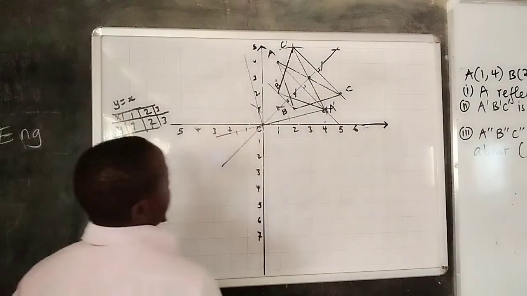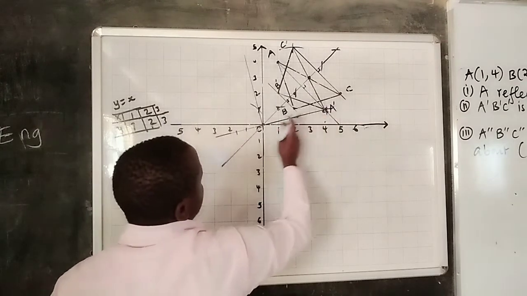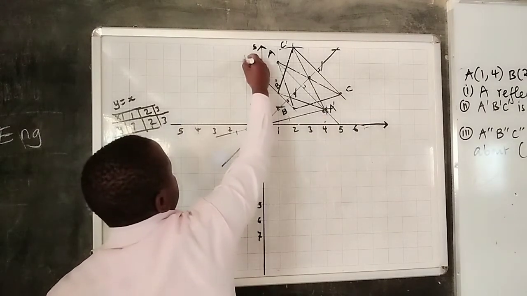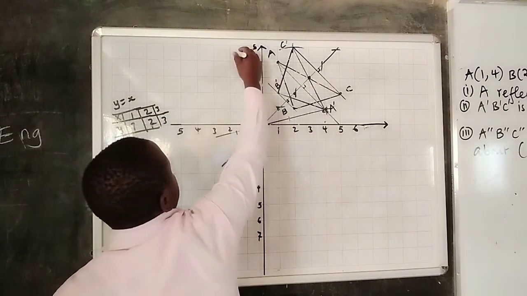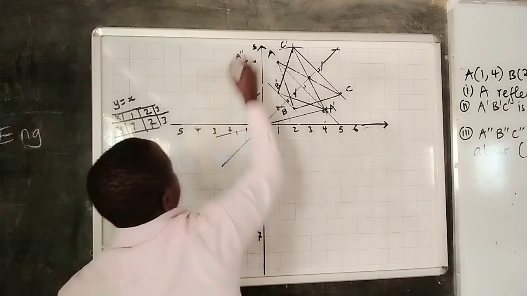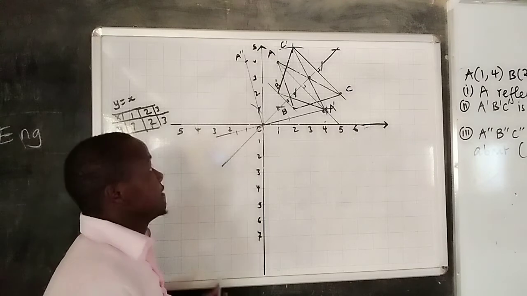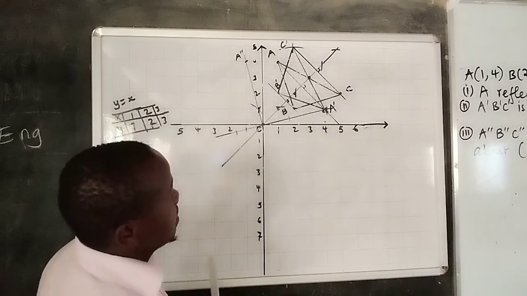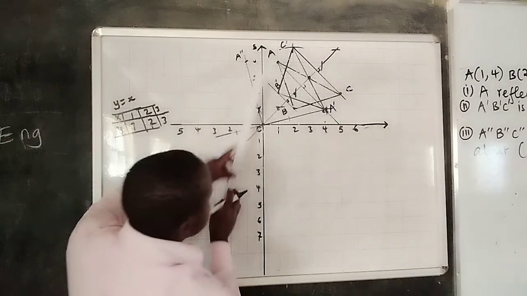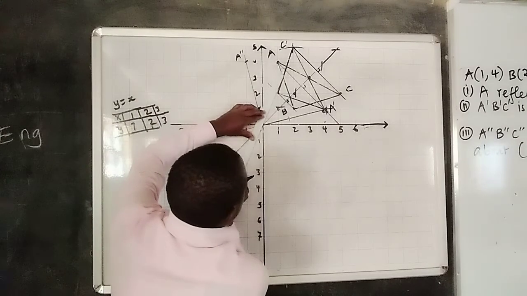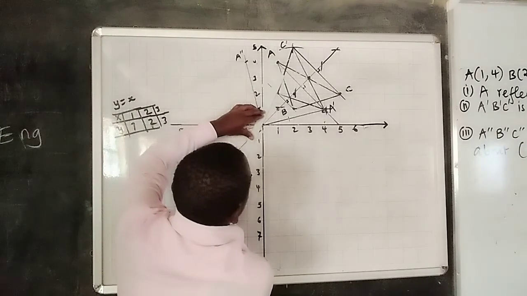So we have rotated here. Now to get an equal distance on the other side, we'll have the rotated A here. A double prime will be on that point. Then B, we bring B using a straight line to the center of rotation.